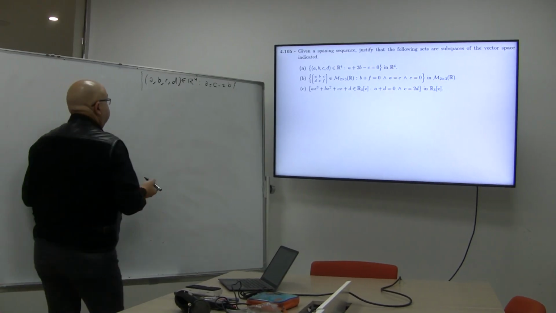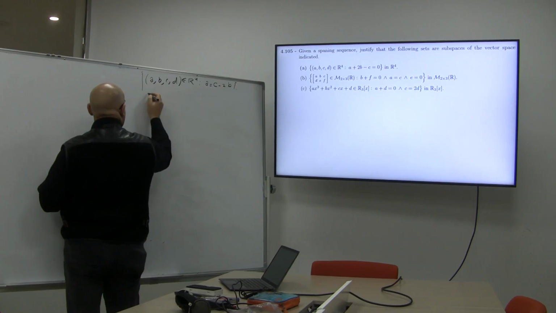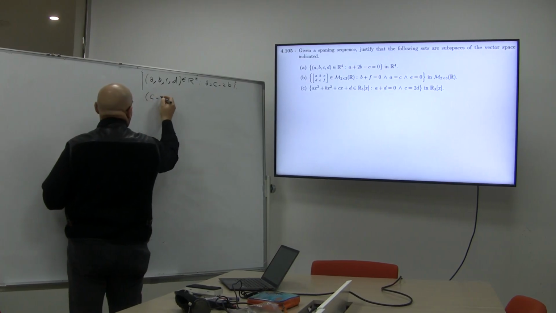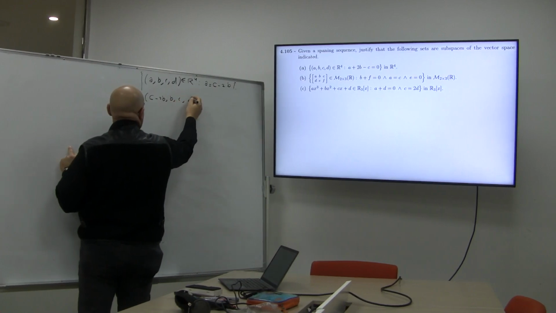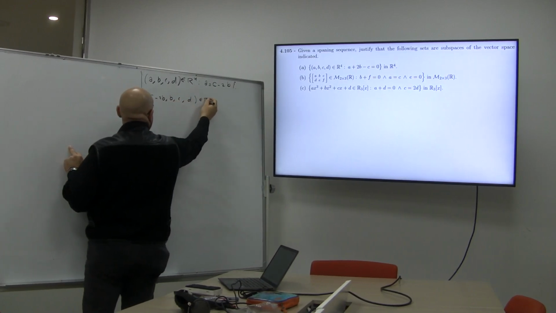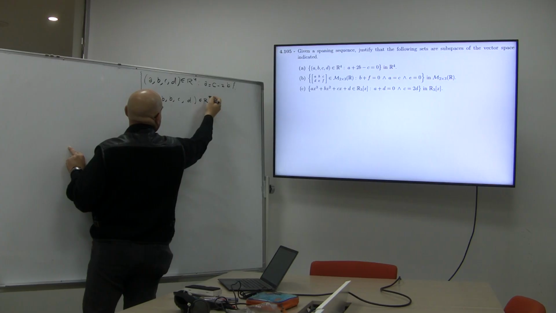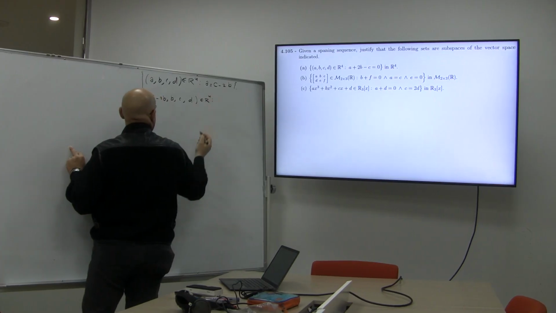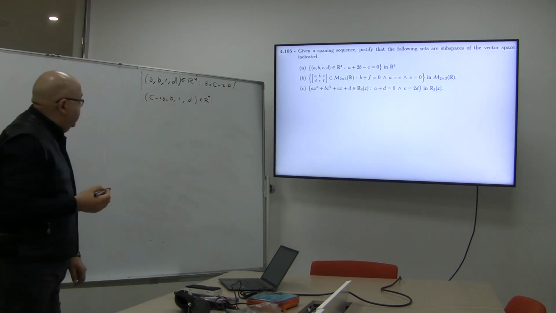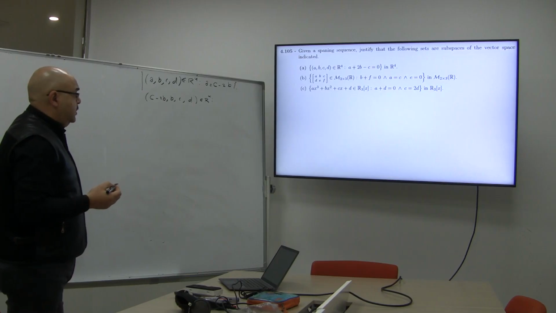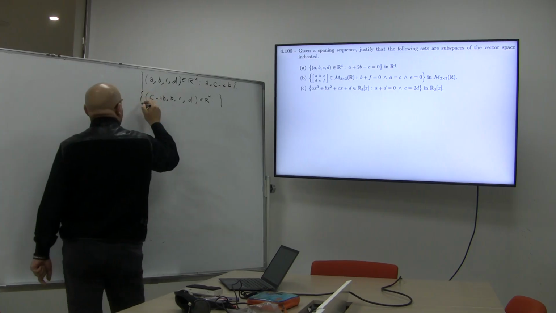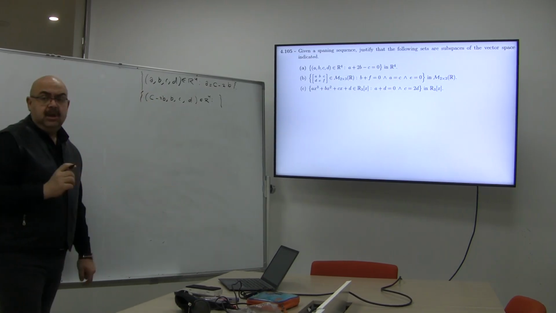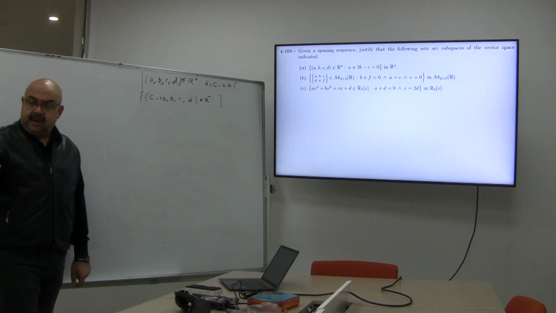The second step, I will start replacing this set. So it's going to be (C minus 2B, B, C, D), where C, B, and D belong to R. So if I put C, B, and D equal to zeros, you will have the null vector.